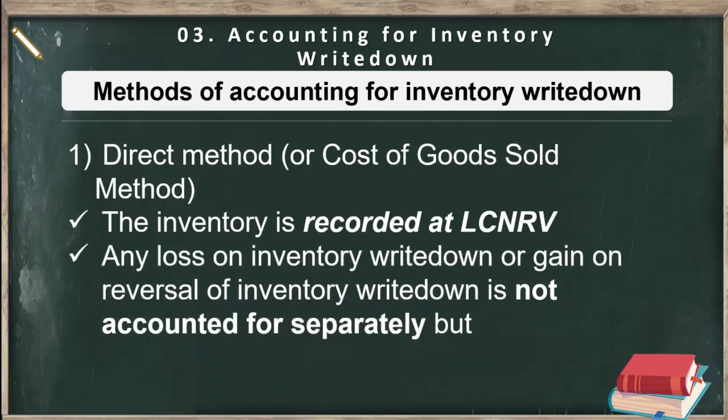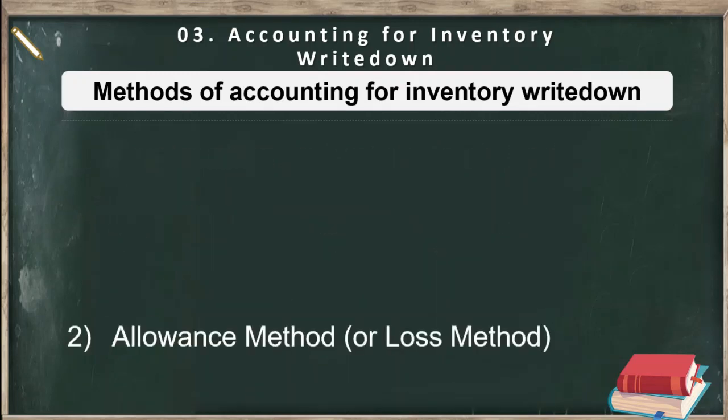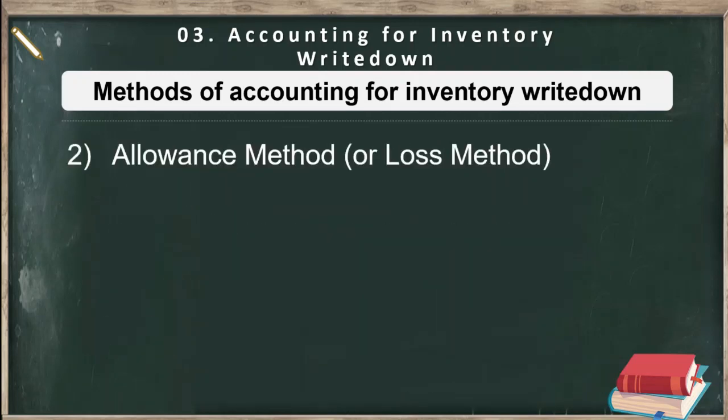Any loss on inventory write-down or gain on reversal of inventory write-down is not accounted for separately. Therefore, we are not going to record any entry for the write-down, but it will be buried in the cost of goods sold.